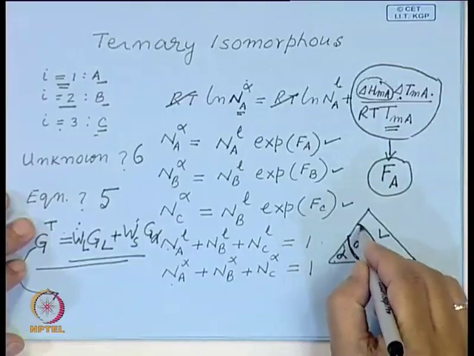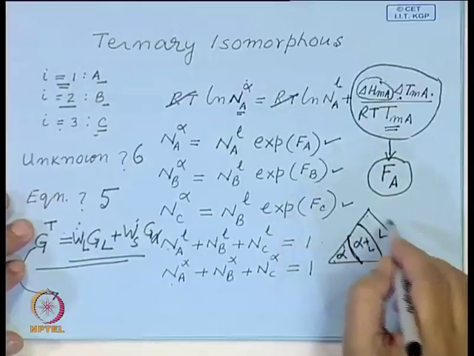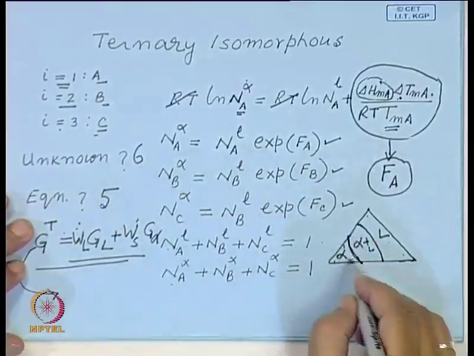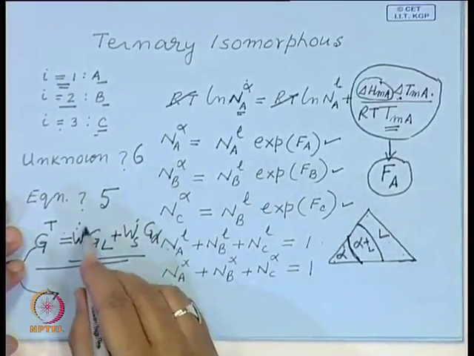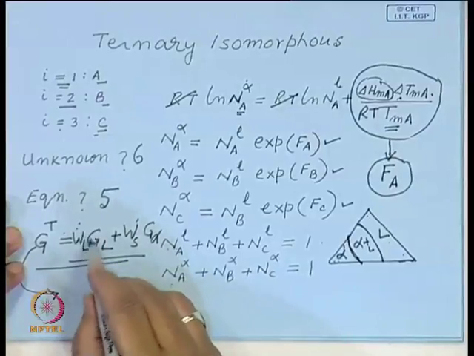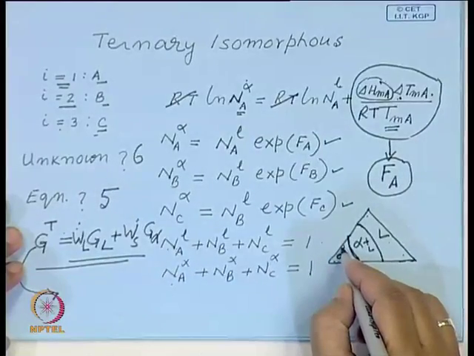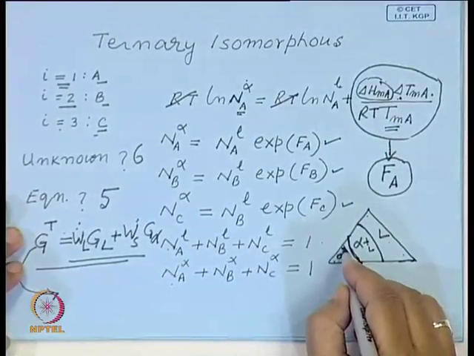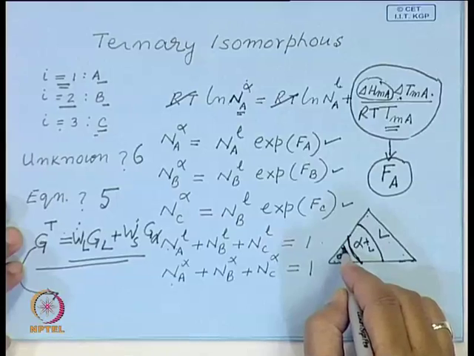So what you have to do? You are trying to solve at every point on this composition triangle and find out which combination of percentages of the phases gives the minimum. Suppose here you will find if it is 100% solid, then the free energy is minimum.